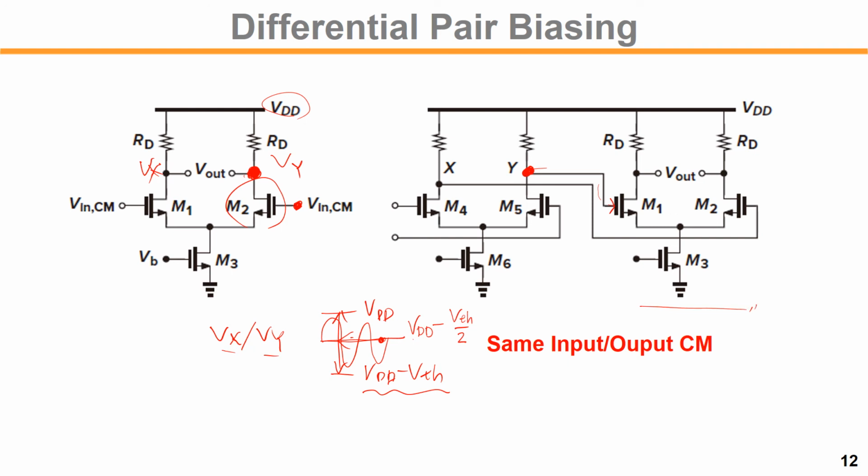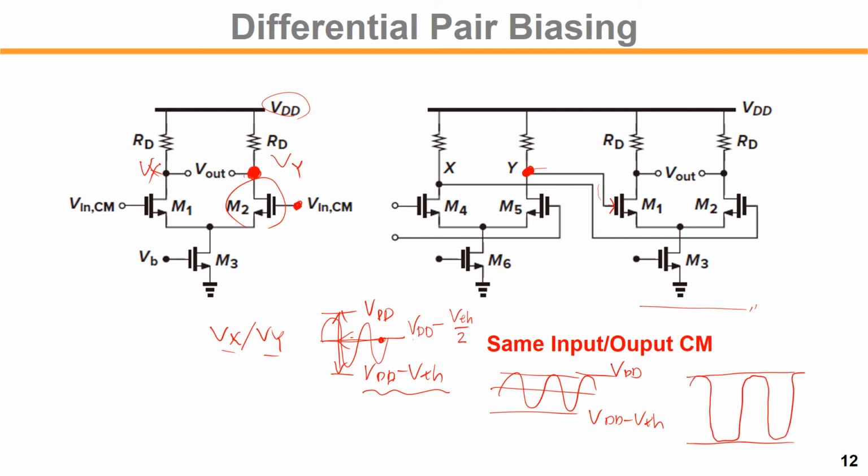For ensuring everything is in saturation, the signal range would be limited to VTH. But if you don't care about saturation or triode region, you can have some large voltage swing, even though transistors M1 and M2 in the differential pair leave saturation. You can sometimes endure that, so you can allow that for clock buffering.